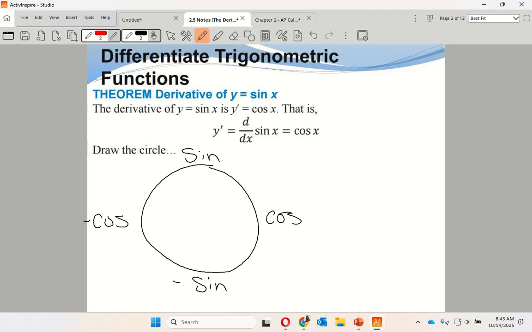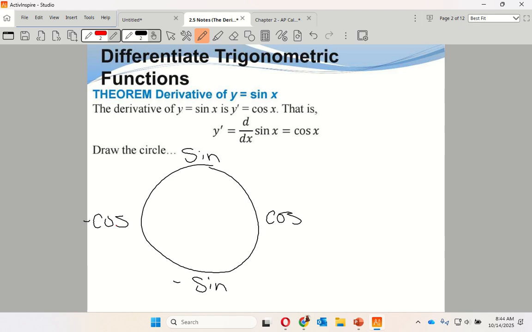So cosine is 1 over there. All the way down, that would be negative pi over 2, or 3 pi over 2, either way. It's a negative 1, isn't it? So sine is negative 1 down there. All the way to the left, cosine is negative 1 there, right?